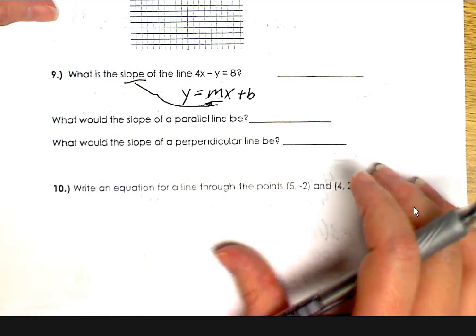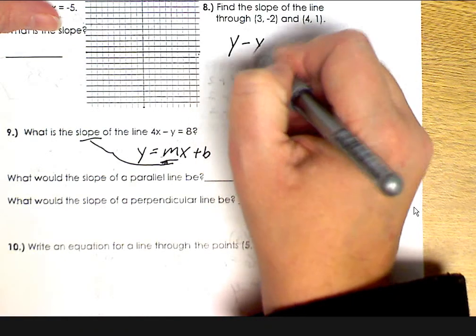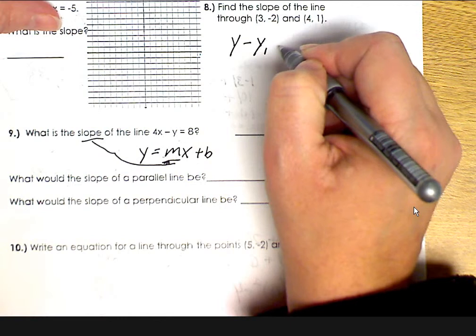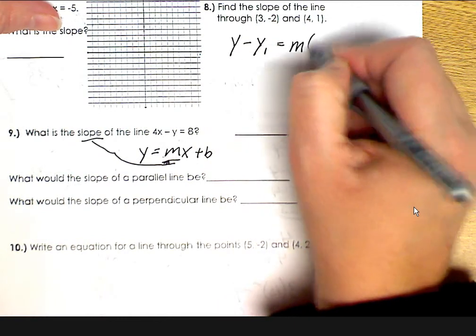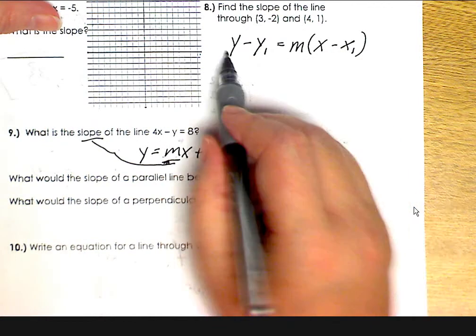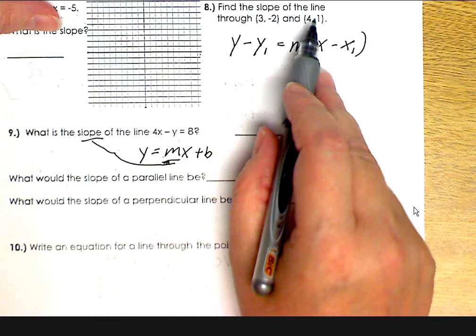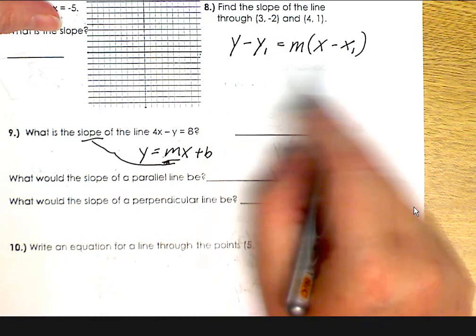That is if you want the y minus y1 equals your m times x minus x1. That is if you're given two points and you want an equation for a line, that's what you use.